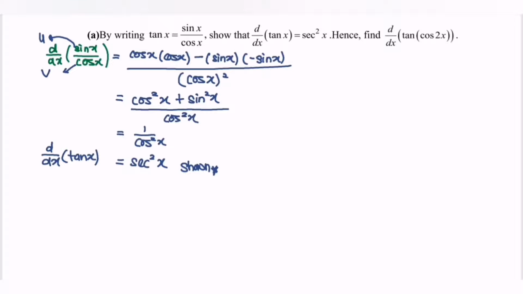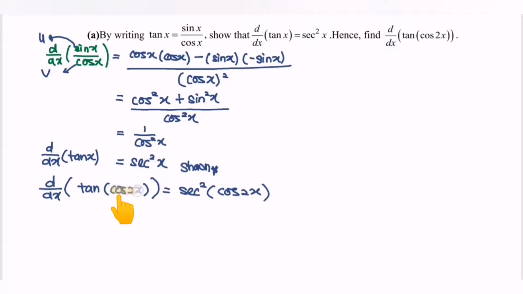Next, the question asks us to differentiate tangent bracket cos 2x. So, how to differentiate this? By differentiating the tangent, we will have secant square bracket cos 2x, followed by differentiating the cos 2x.